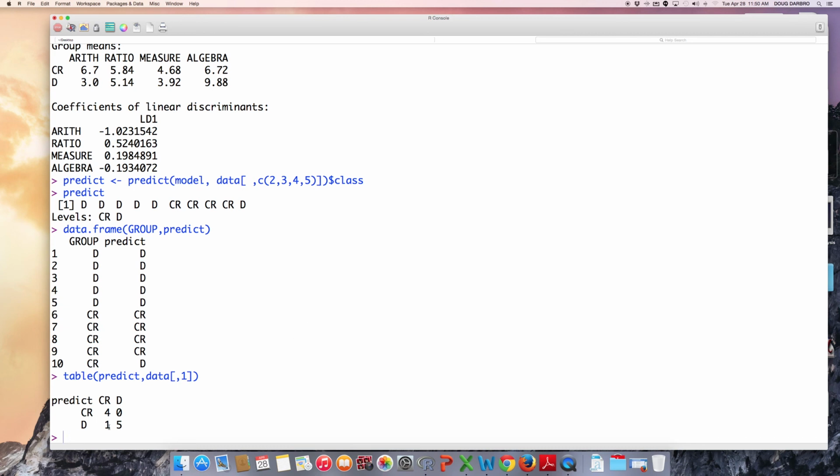So what I may end up doing here, and I'm not going to, is create a model 2. I want to create LDA, with my group over all of my predictors, but I want my data to be only 1 through 5.